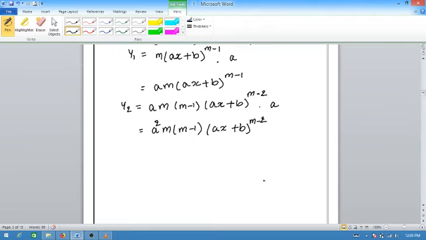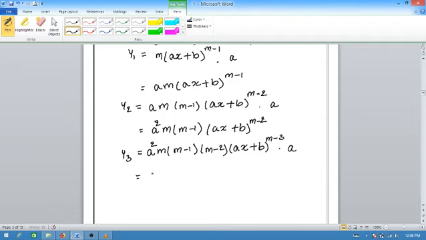So find out y3. Similarly, if I differentiate one more time, y3 is equal to a square is constant, m is constant, m minus 1 is constant. Differentiation of (ax plus b) whole raised to m minus 2 is m minus 2 into (ax plus b) raised to m minus 2 minus 1, that is m minus 3, into differentiation of ax plus b, which is a.